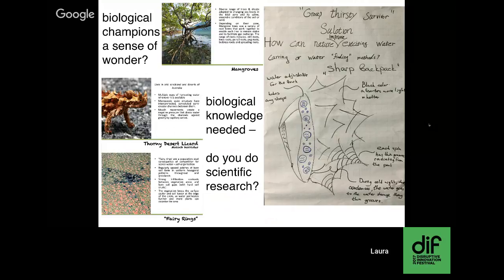How do fairy rings bring the water to where it's needed on the edges of the circle? So these are all things that we've been looking at in the classroom and have helped me bring this sense of wonder and the biological knowledge and the research into the classroom.